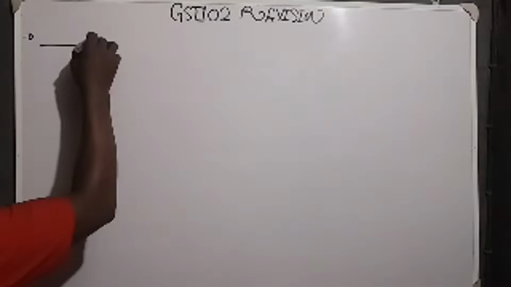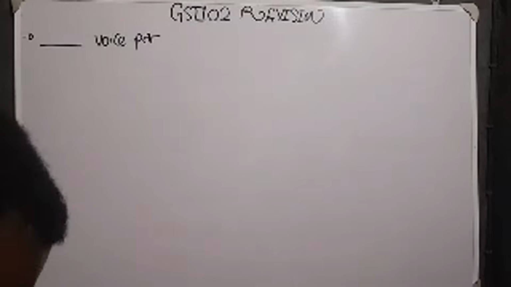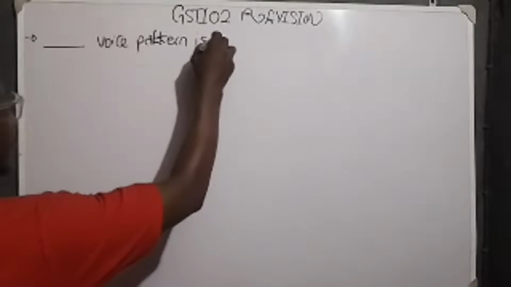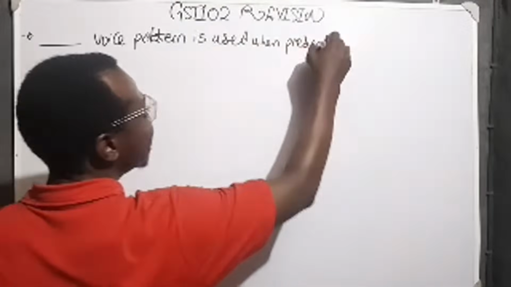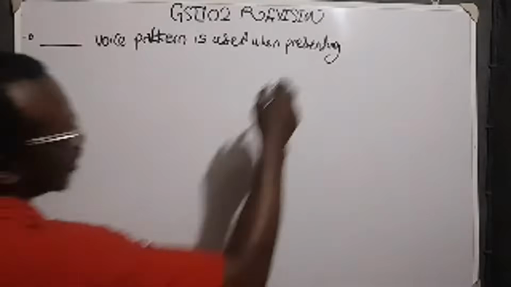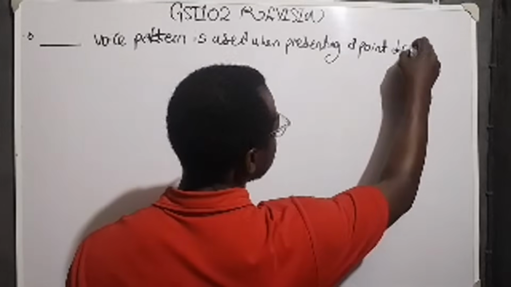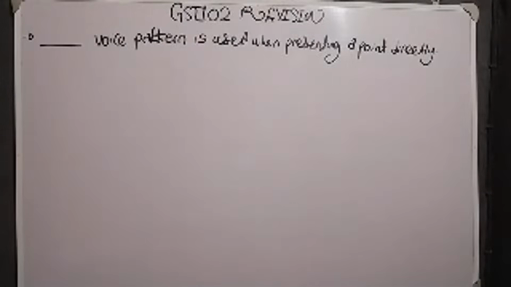Now let's put it this way: dash voice pattern is used when presenting a point directly. When presenting a point directly, what voice pattern do you use?